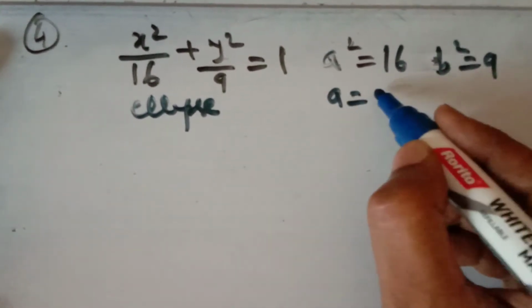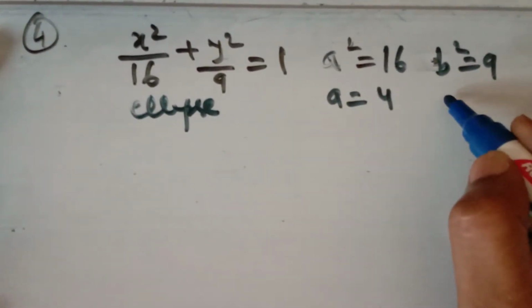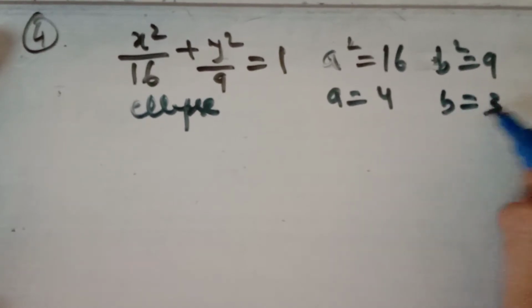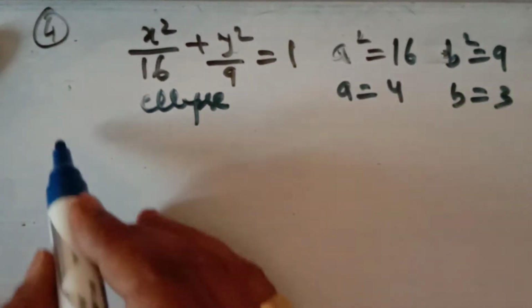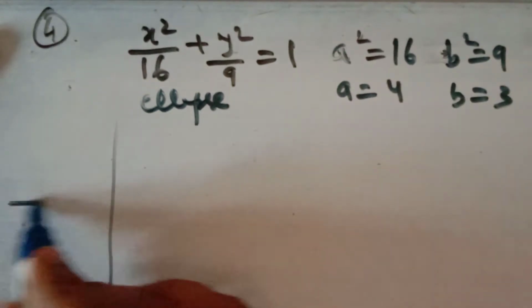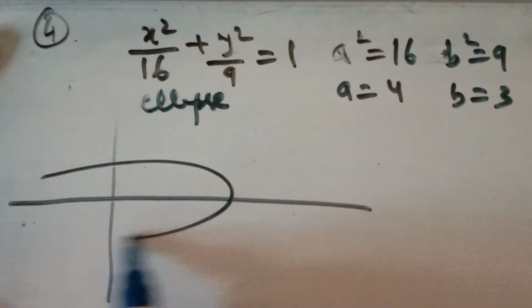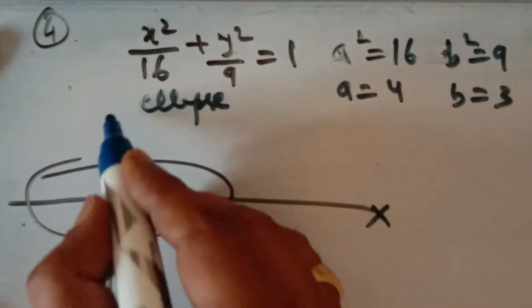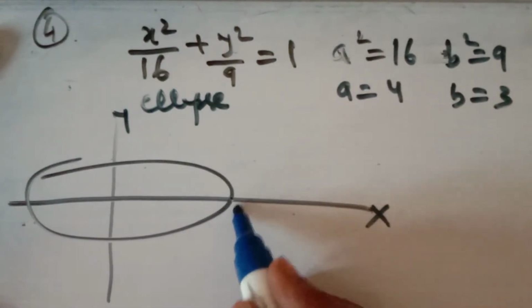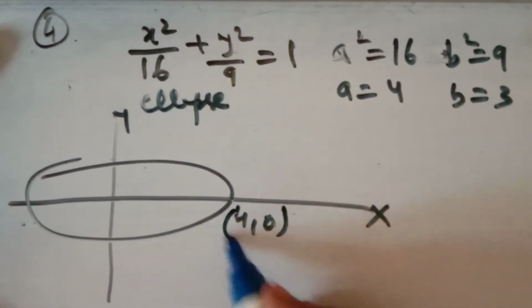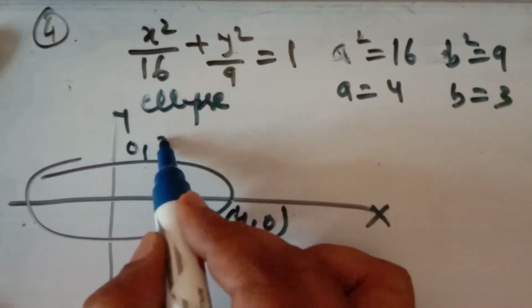So a will be equal to 4 and b equal to 3. So you sketch the curve of an ellipse like this. Horizontal ellipse it is. The coordinates are 4, 0 and 0, 3.